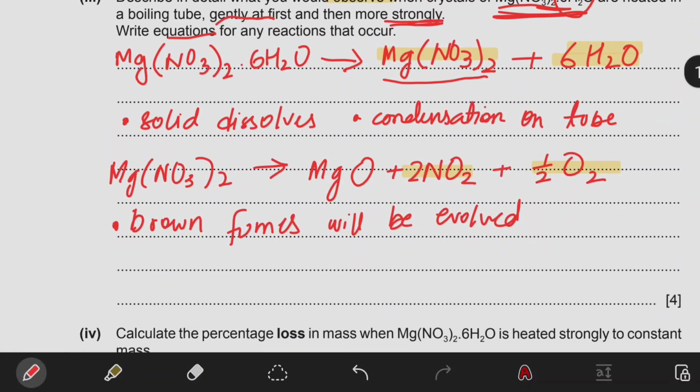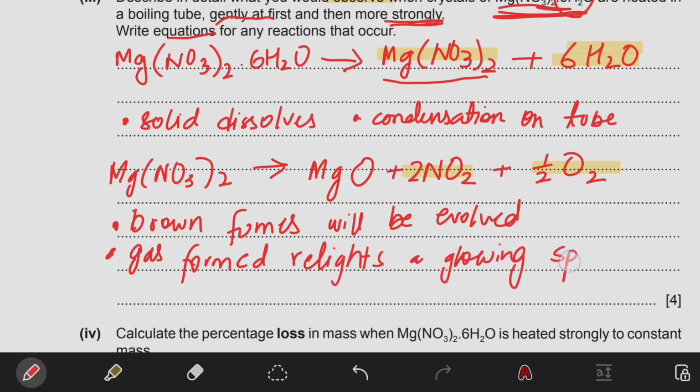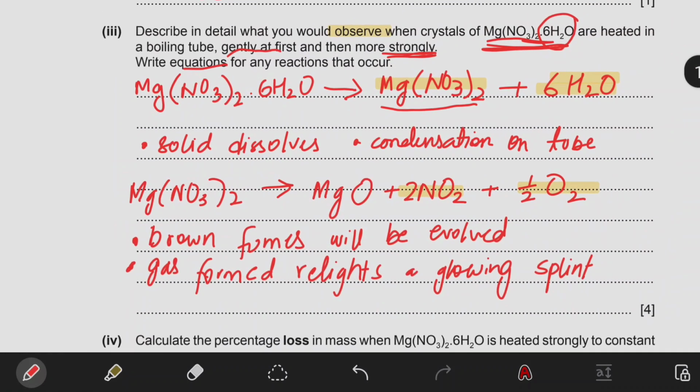And you can also say that there will be a gas formed which is oxygen that gives a test of relighting a glowing splint. So this is it for this part.